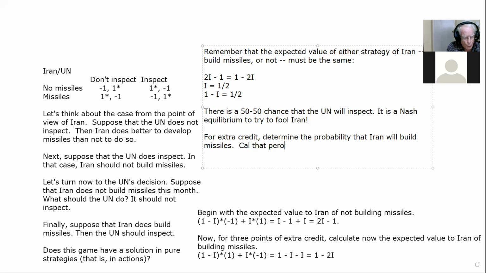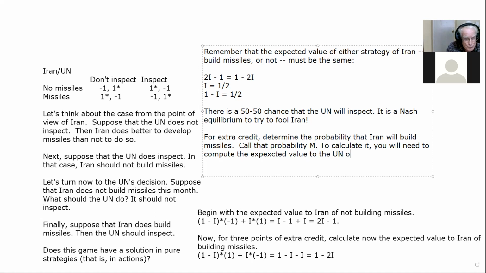Call the probability M. In that case, we will need to compute the expected value to the UN of inspecting or not inspecting.